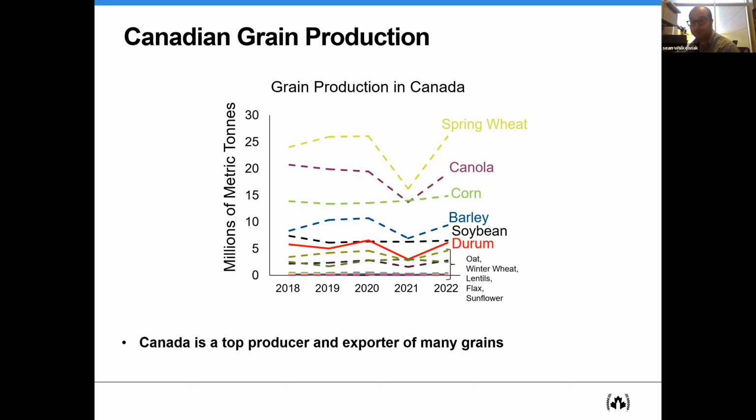So most of what we produce is exported to other countries. We're a major exporter of high quality grain, and we need it to be really high quality so that the end users buying Canadian grain are able to pay a premium for it, so that we can ship it and go through all the activities of exporting it to another country.